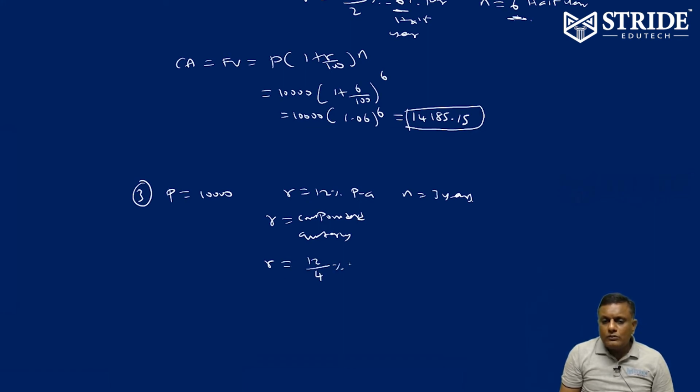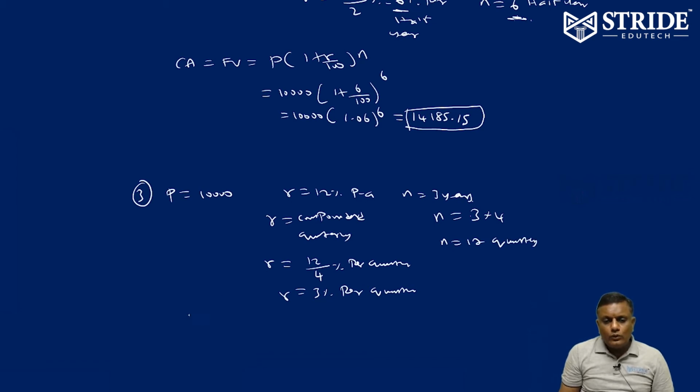So 12 by 4 per quarter, that is equal to 3% per quarter. 3 years equal to 3 into 4, that is equal to 12 quarters.